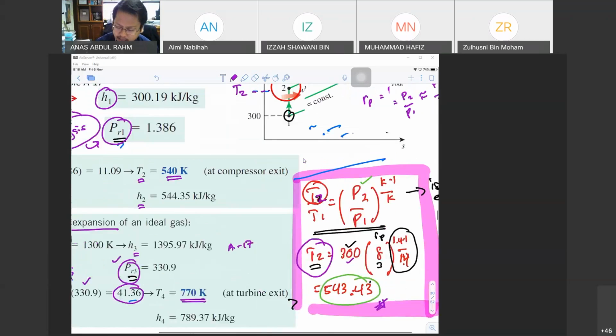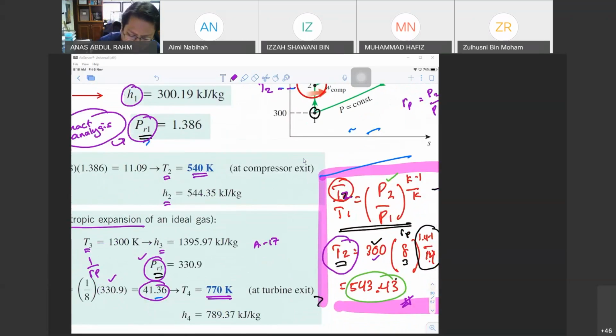So kalau kita tengok kat sini, kalau ini ialah exact analysis, kalau kita approximate, dia akan dapat 543 Kelvin, which is not that bad. Okay, it's very, very close to one another. So again, as I said, it depends on the particular problem lah.